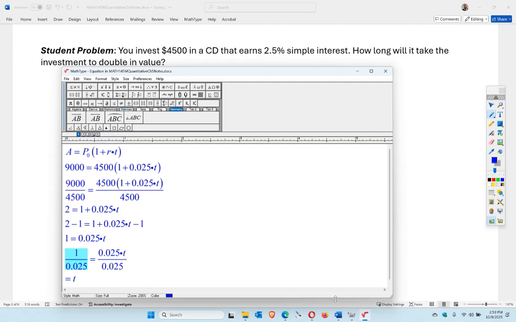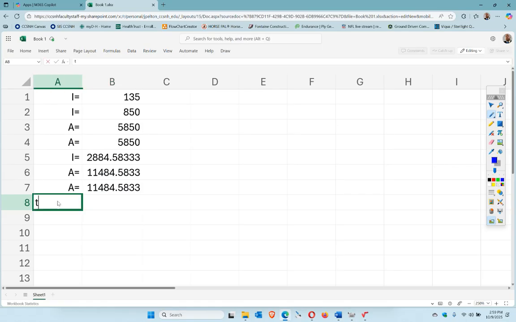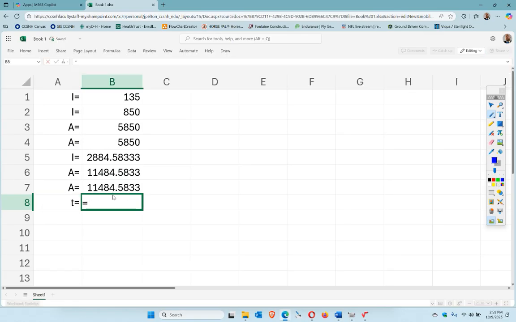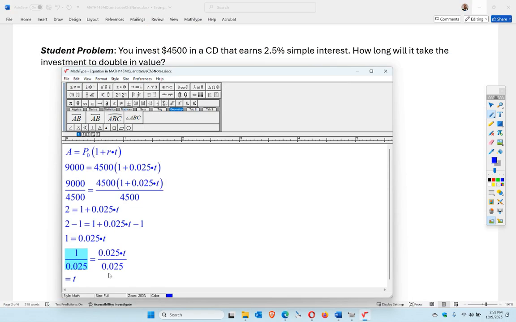So 1 divided by that amount. So I go to my spreadsheet. I'm going to do t equals, shift that to the right. Okay, I'm going to do 1 divided by 0.025, right? Put the equals first so it equates, and I get 40. Okay, so this is 40 years.